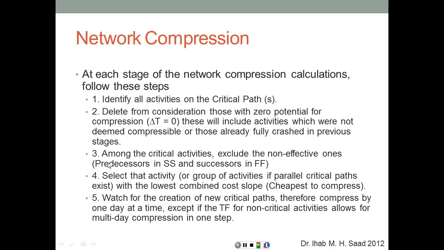As we said, the predecessors in a start-to-start relationship and the successors in a finish-to-finish relationship. Number 4, select that activity or group of activities, if parallel critical paths exist, with the lowest combined cost slope, if you're trying to compress more than one path at the same time. And always watch for the creation of new critical paths, so keep an eye on the total float of the non-critical activities and watch if it's dropping and these activities are becoming critical.